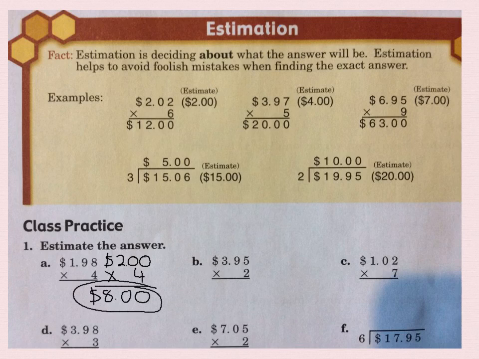B, we have $3.95 times 2. Well, $3.95, that's going to be close to $4. So we'll do $4 times 2. And I can do that in my head. You should be able to too, because all you're doing is the 2 times the 4. 2 times 4 is 8, and so our answer is $8.